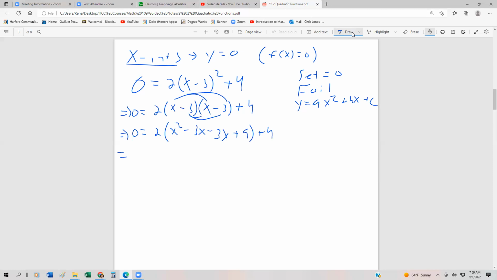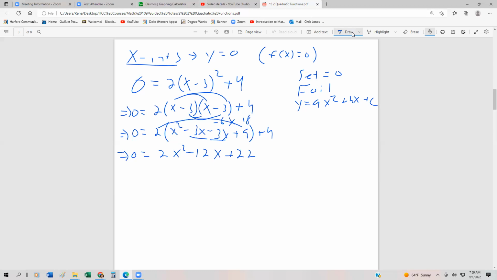And then we distribute the 2. That's 2x squared. Notice that this becomes negative 6x, and then negative 6x times 2 is negative 12x. And then we have 2 times 9, which is 18. 18 plus 4 is going to give us 22. So that's the expanded version.